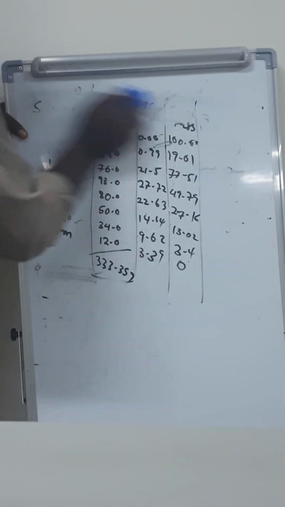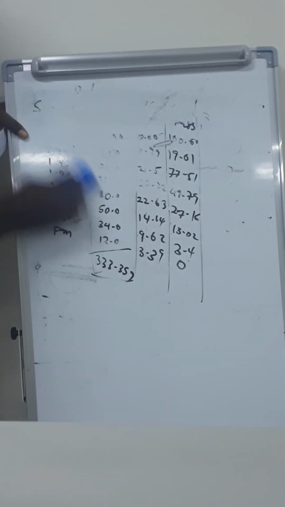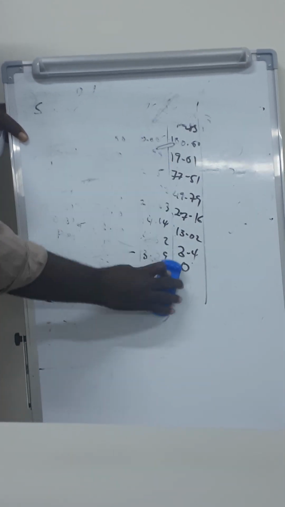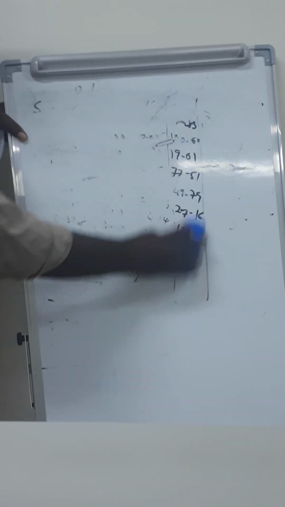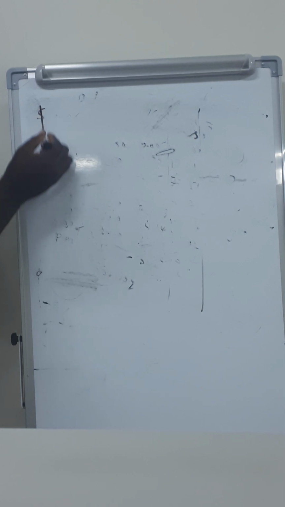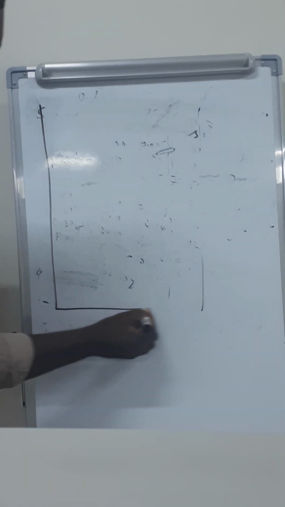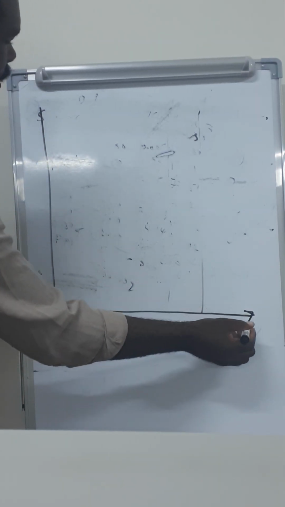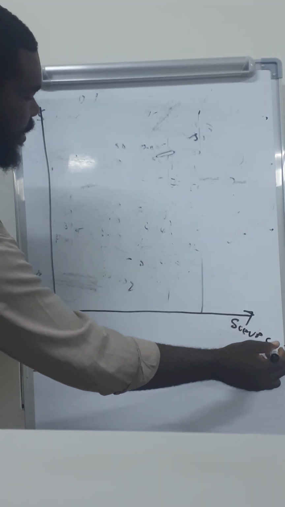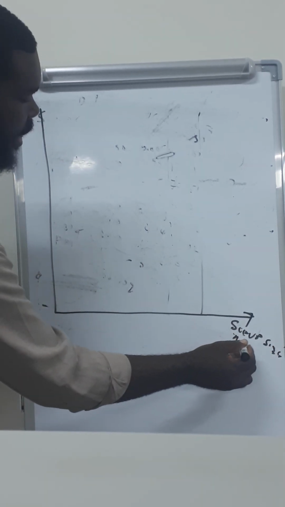So we want to plot a graph of the percentage cumulative passing against the sieve size. The sieve size is measured in millimeter.